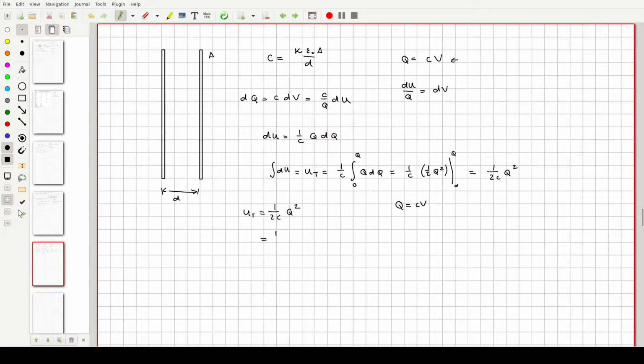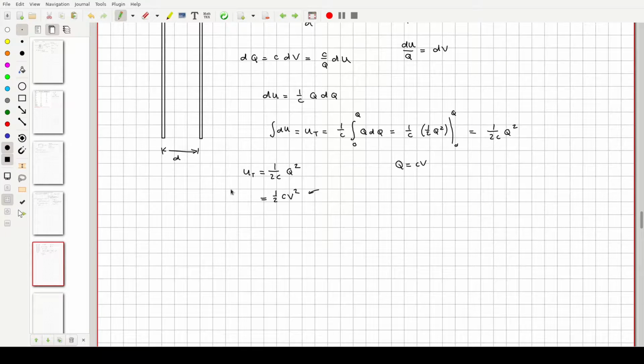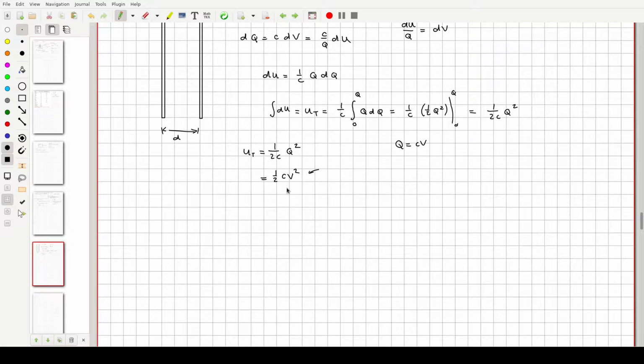And when I do that, I get 1/2 CV squared. And this is the more common way that you see this written. Now, to be clear, this is the total stored energy. Now, one of the things that's more convenient to talk about instead of total stored energy is something called energy density, which is something that I'm going to get into right now.